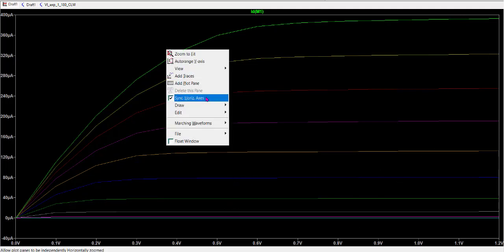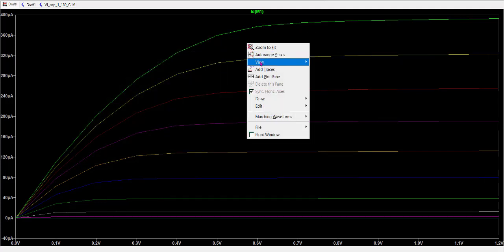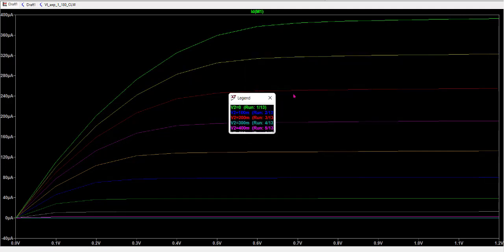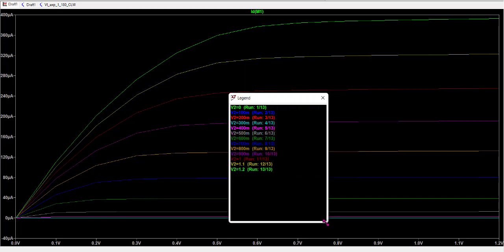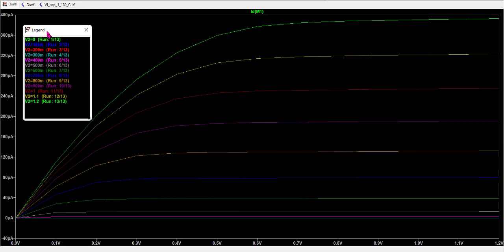So here also I'll plot the legend, view step legend. Now you see for different values of VGS.